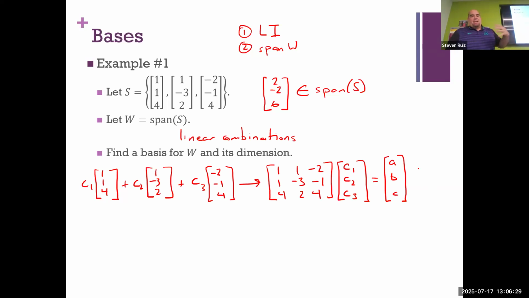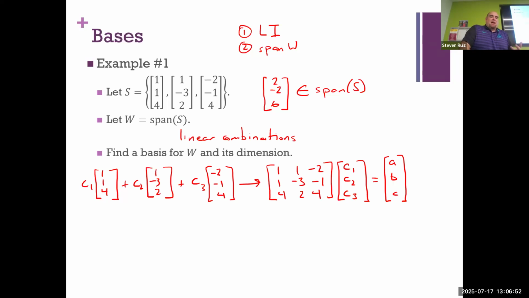I just want to know what vectors I can make combinations of that are equivalent to using these 3 vectors.